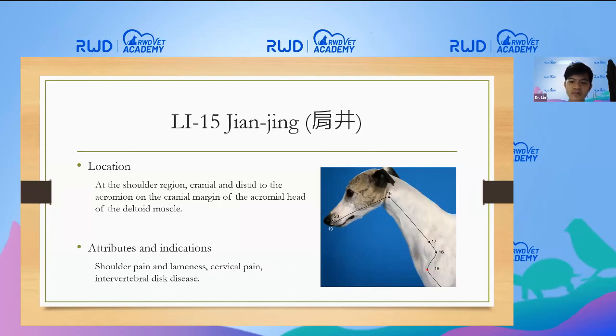LI15, Jianyu, at the shoulder region, cranial and distal to the acromion on the cranial margin of the acromial head of the deltoid muscle. Attributes and indications are shoulder pain and lameness, cervical pain, intervertebral disc disease.